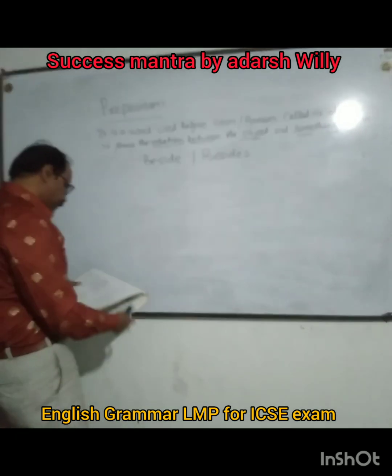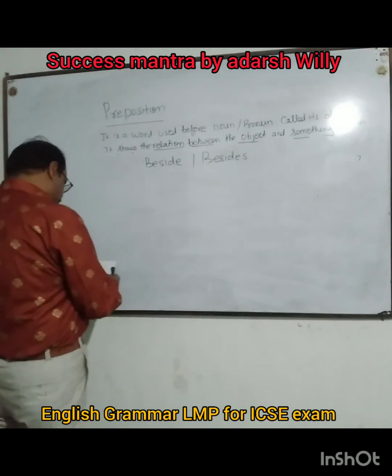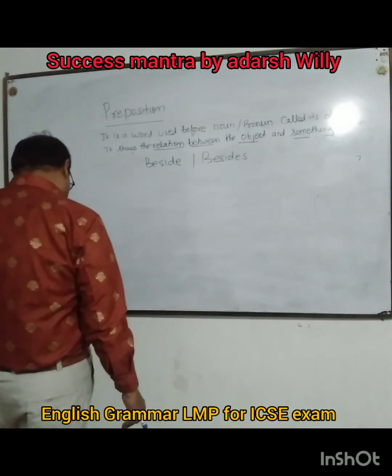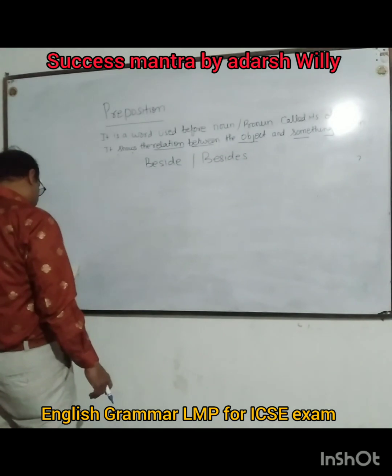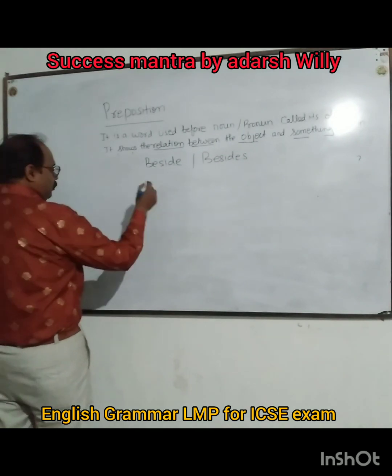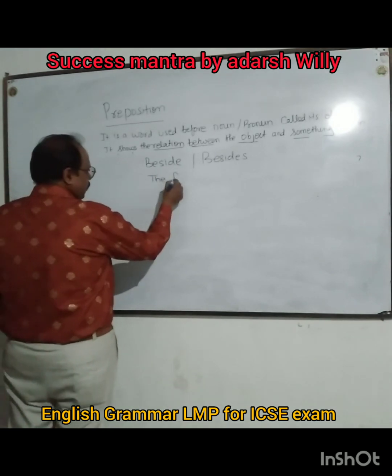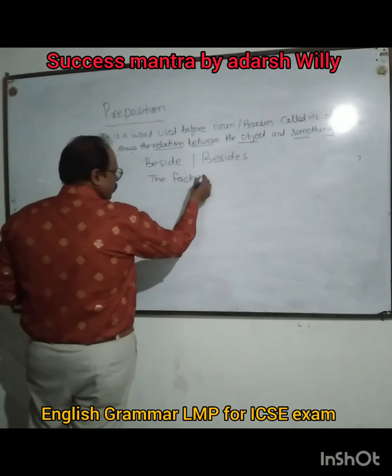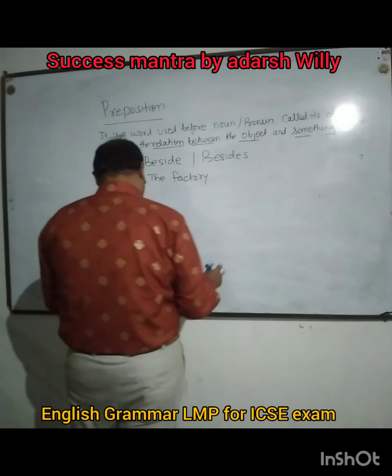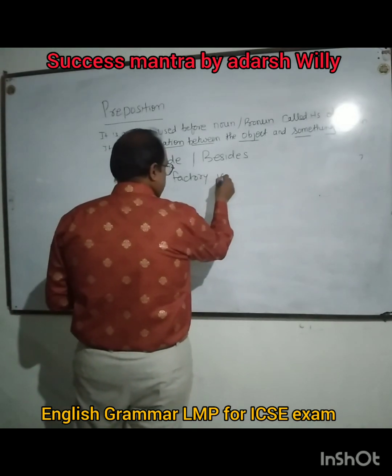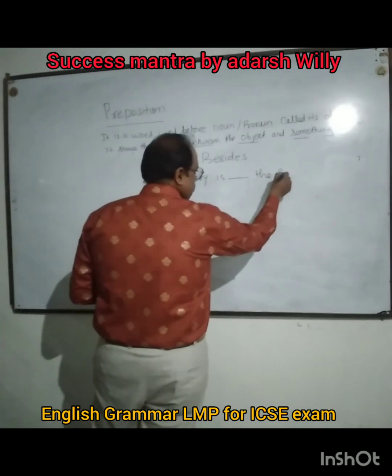Okay, these two words, beside and besides. Now you tell me the answer. The factory is dash the stream. Now, just look at these examples. The factory is dash the stream.